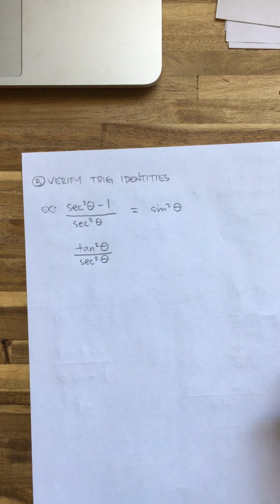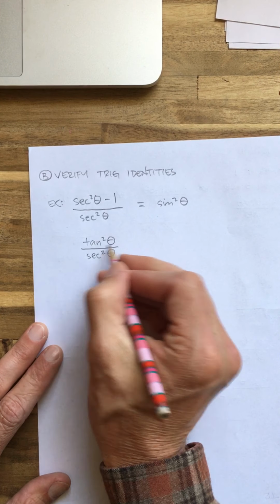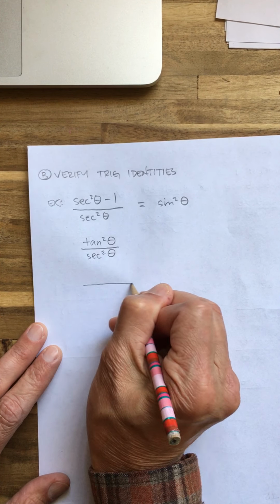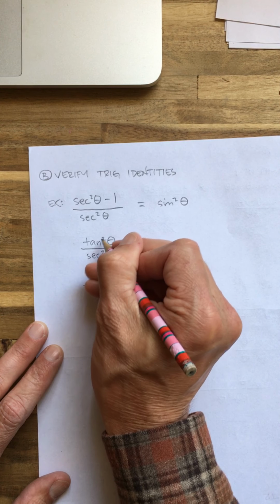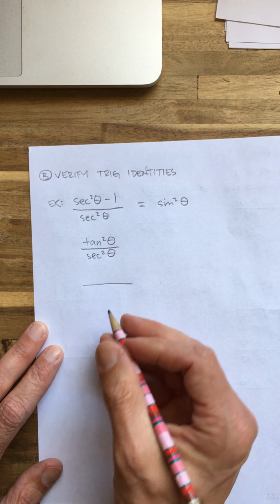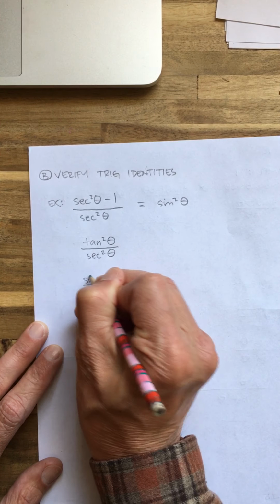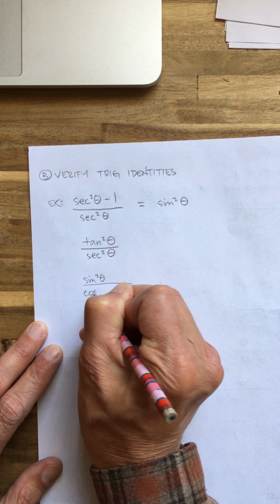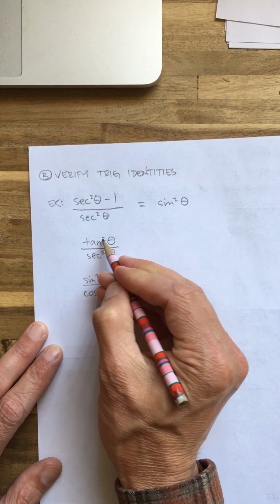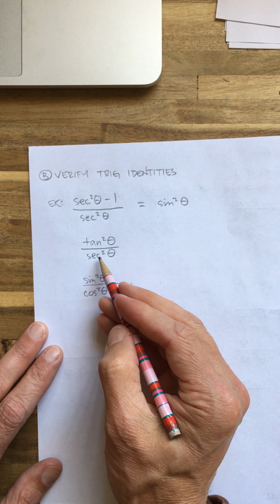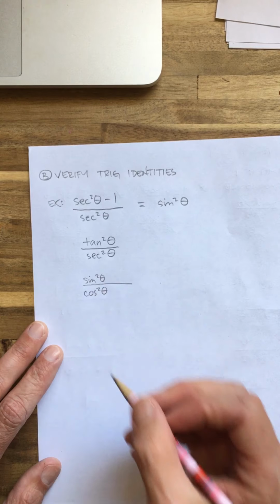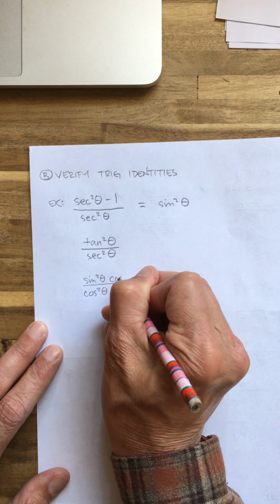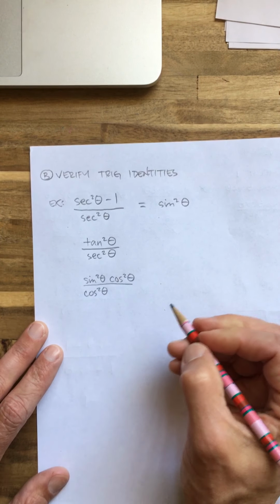Looks good because now I have a fraction. Watch what I do. Tangent is sine over cosine, so tangent squared is sine squared theta over cosine squared theta. The secant is the reciprocal of the cosine, so secant squared is the reciprocal of cosine squared theta, and you put that in the numerator.